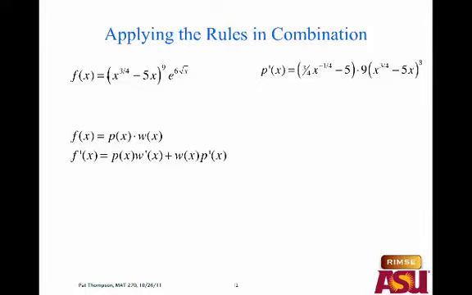So by the chain rule, when you do the rate of change of that right there, you're going to start with the rate of change of this interior function, 3/4 x to the minus 1/4 minus 5, times the rate of change of the whole function with respect to the interior as it is. So it's going to be 9 times that thing to the 8th. So that's our rate of change of the first piece.